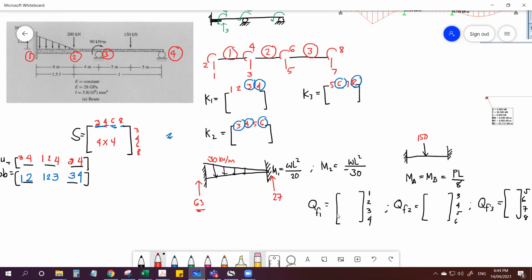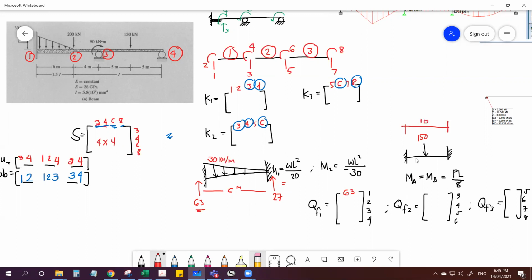So the fixed end forces. For QF1, for the moment, it's WL squared over 20. That's the formula. So what's the answer there? W is 30, times 6 squared, divided by 20. This is 6 meters, and this one is 10 meters.